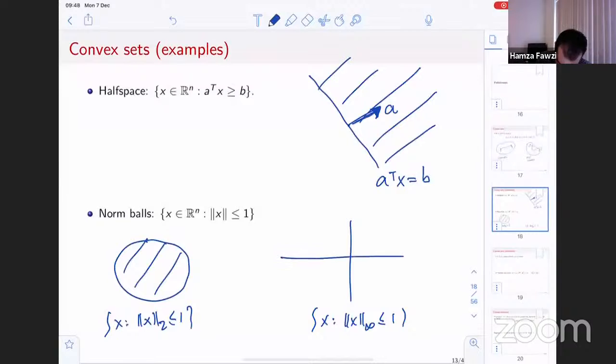In this case, that's just a square. That's also a convex set. Essentially, for any norm, the unit ball is going to be a convex set, and this follows from the triangle inequality of the norm.